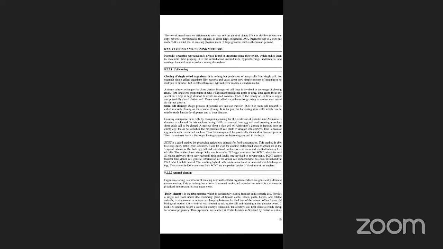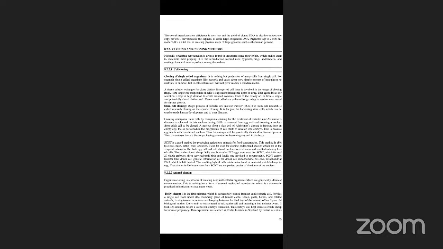Dolly was the first mammal which was successfully cloned from an adult somatic cell. From the udder, that is the mammary gland of the female sheep, the biological mother, the nucleus was introduced into the enucleated egg.